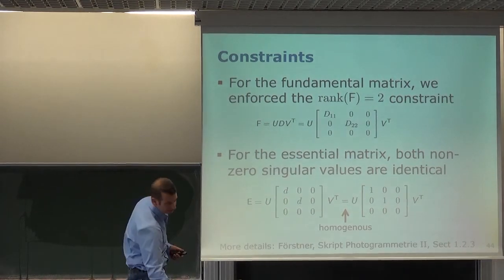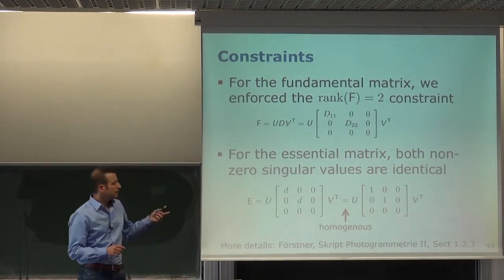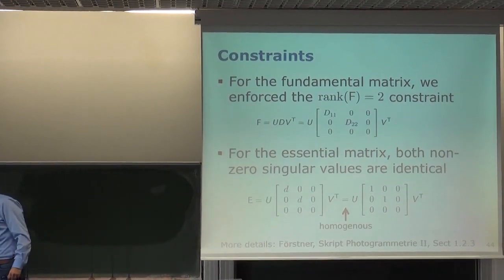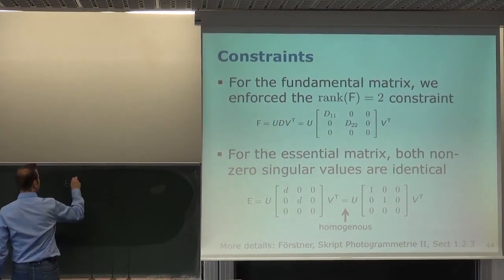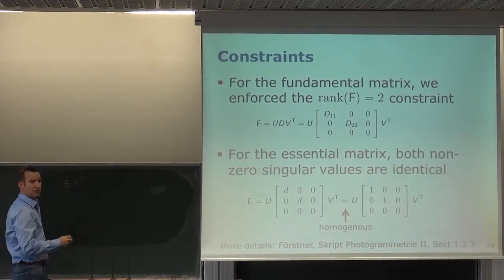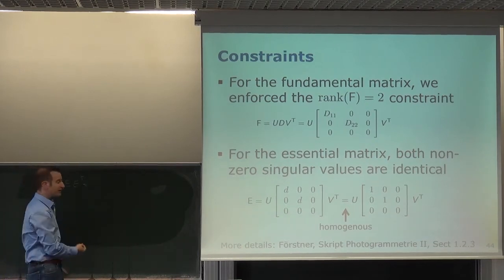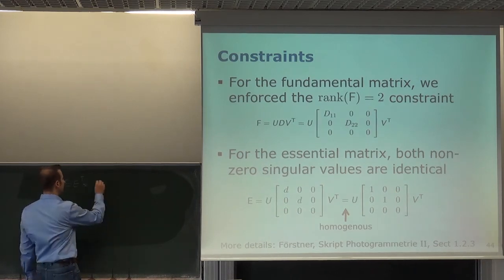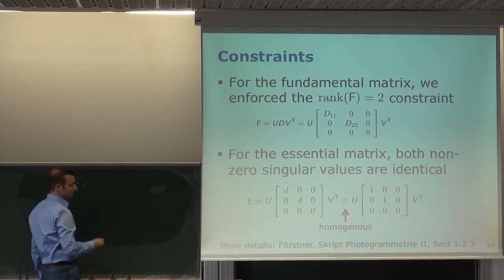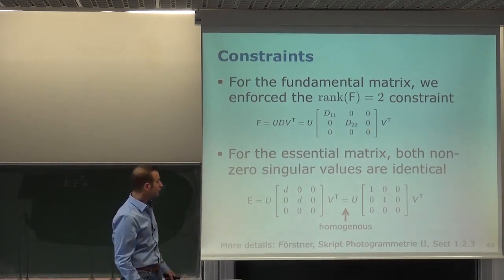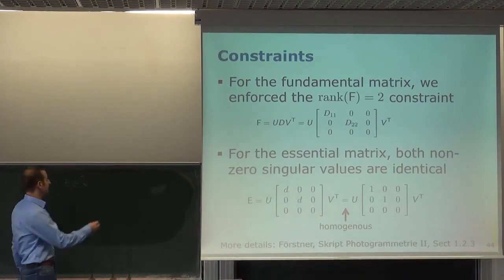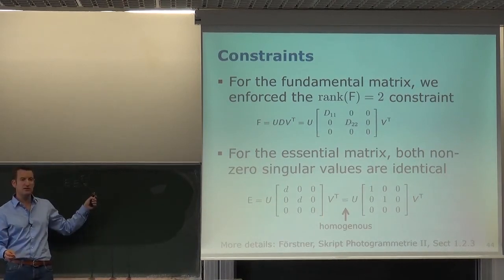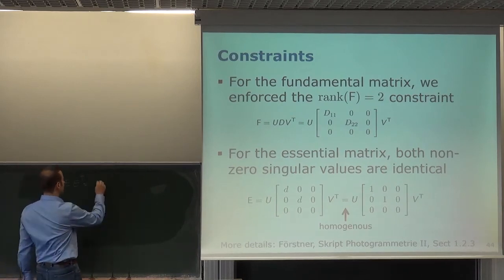And this is a result that can be obtained if I compute E transposed, and given the simplified form of the essential matrix, that it just consists of the rotation matrix and the skew-symmetric matrix, this simplifies to a form where this element eliminates the rotation matrix, and I only obtain my skew-symmetric matrix.